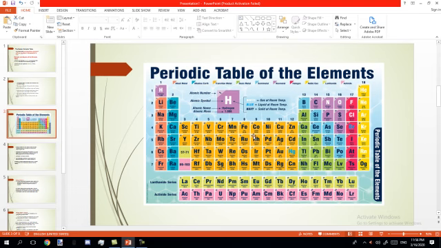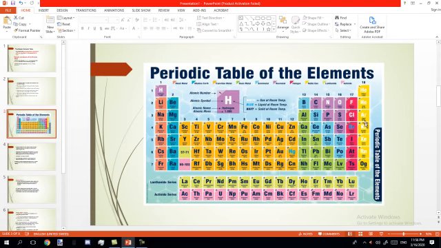They are also metals, but they have a different electron configuration than group 1 and group 2. They have different properties, different characteristics. They are metals, but they are not as active as group 1 or group 2.